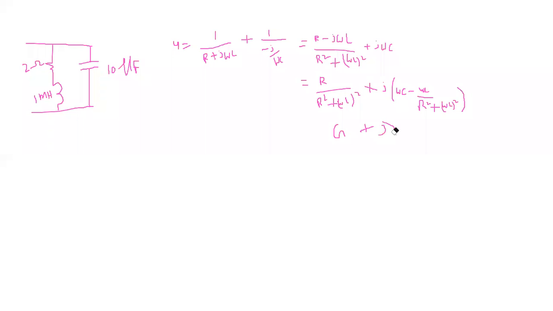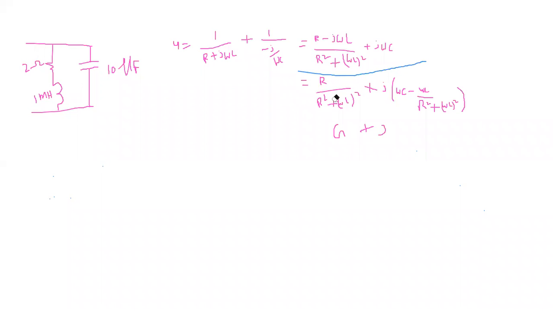Sir, ఈ స్టెప్ మళ్ళీ ఎక్స్ప్లెయిన్ చేయండి సార్. R minus J factorization apply చేశారమ్మా. ఆ 1 by R plus J omega L factorization apply చేస్తే R minus J omega L divided by R plus J omega L into R minus J omega L. అప్పుడు ఏమవుతుంది? A minus B into A plus B, A square minus B square. We'll get R square. Sir, ఇది రేషనలైజింగ్ చేస్తారు కదా సార్. So explain చేయండి సార్.